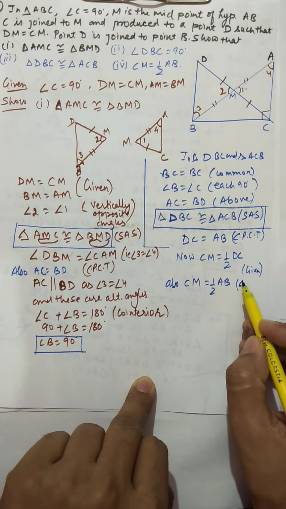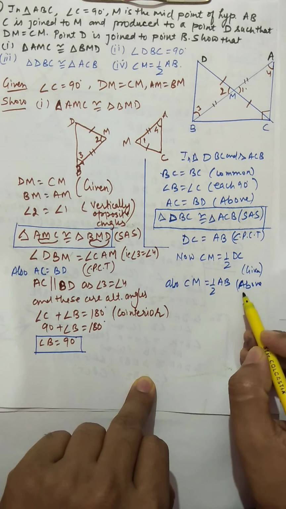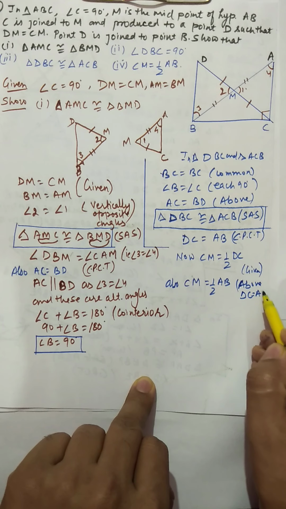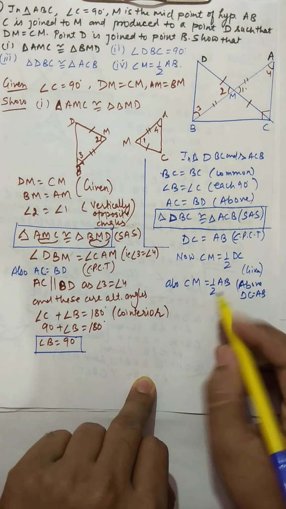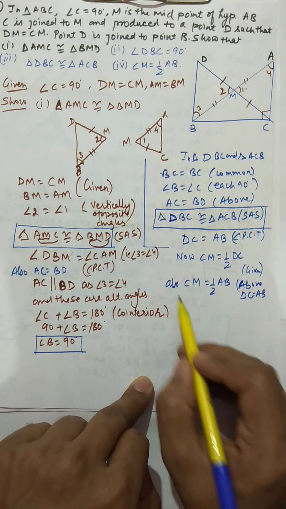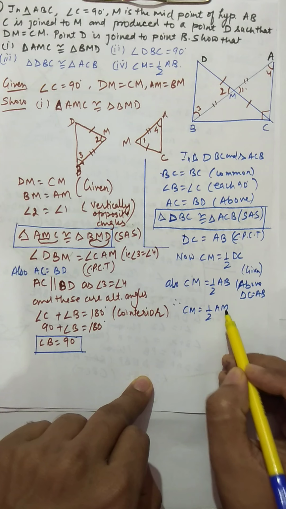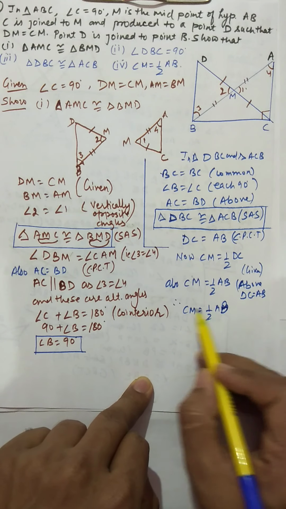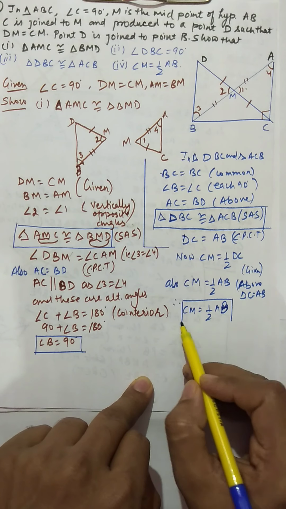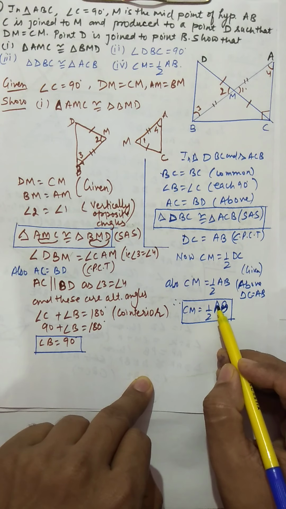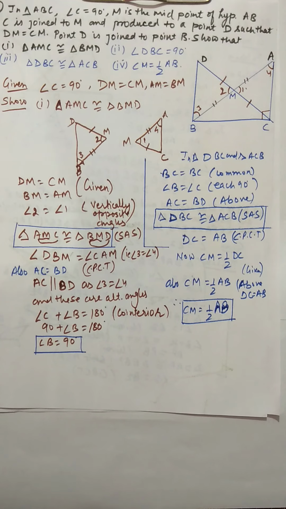Therefore, CM is equal to half of AB. So you have proved all four parts: CM is equal to 1 by 2 of AB.